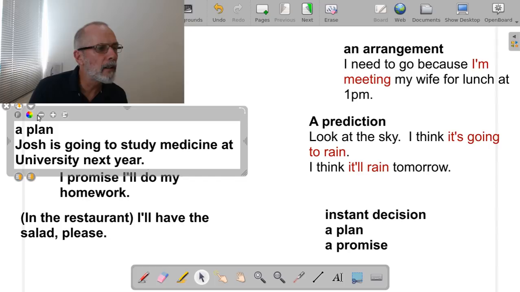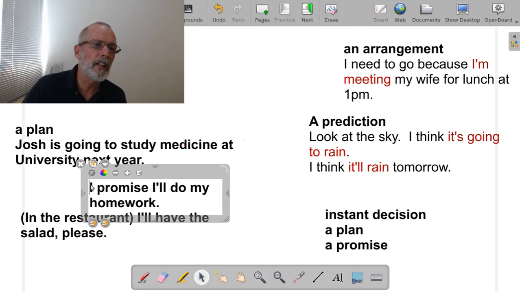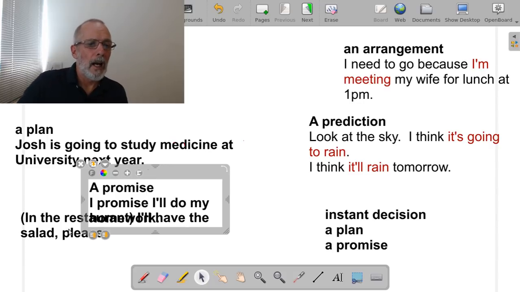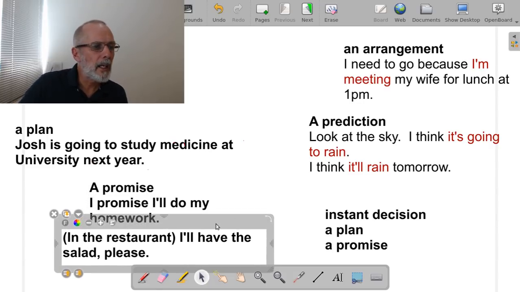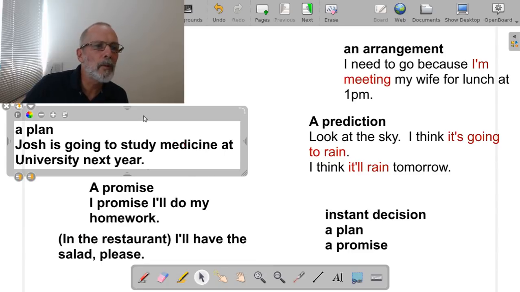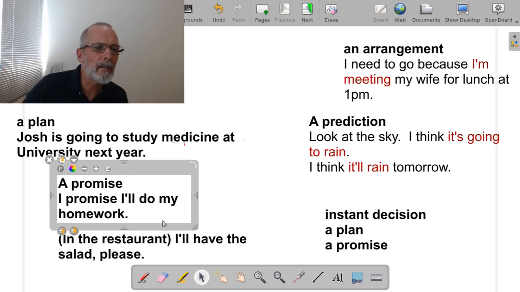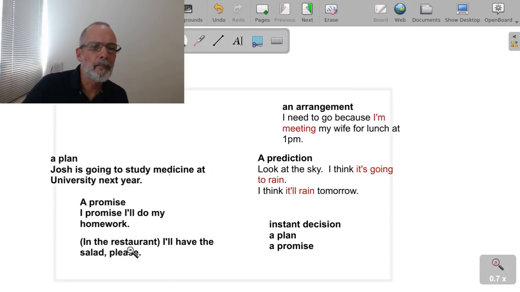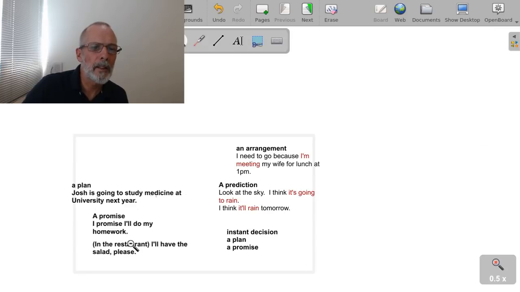Salim, very good Salim. I promise I'll do my homework. This one obviously is a promise because it says above, a promise. And finally, this one here, there's only one left. It's an instant decision, says Russell. Very good, Russell. If I move that up a bit, I think you can still see it. So this one here, let's move that out of the way if we can. This one here, no, I made it too small.